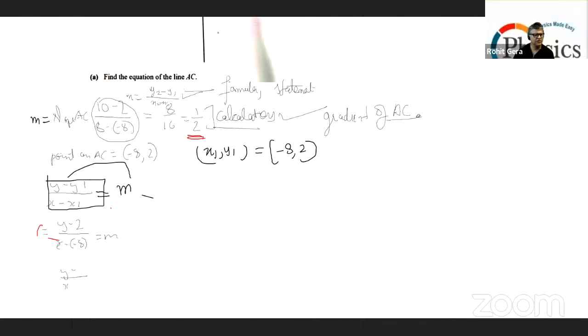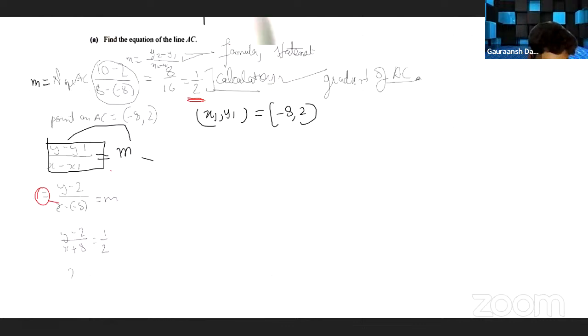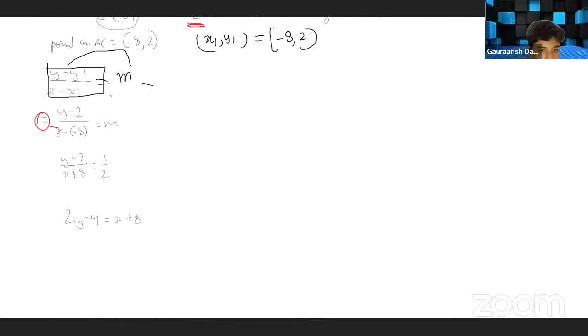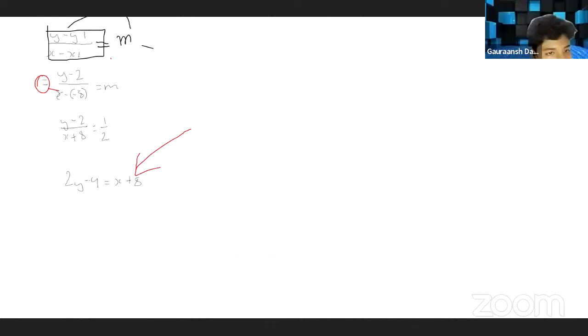There is no need of writing equal to here. And x plus 8 equals 1 by 2. Now cross multiplication: 2y minus 4 equals x plus 8.